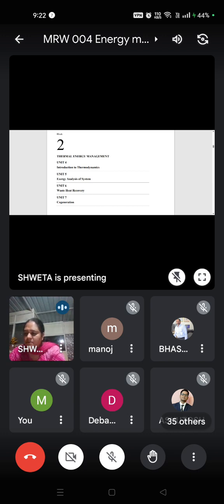But the major thing where you can manage energy is either the thermal field by doing thermal balances or by electrical energy balances. So in two blocks we will be discussing thermal energy management in one block, and electrical energy management in the other block.